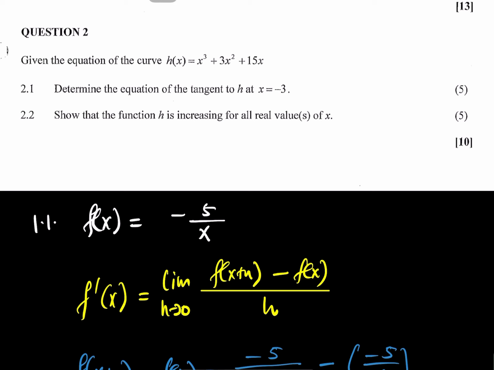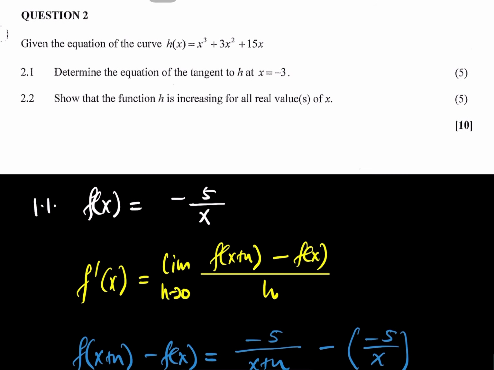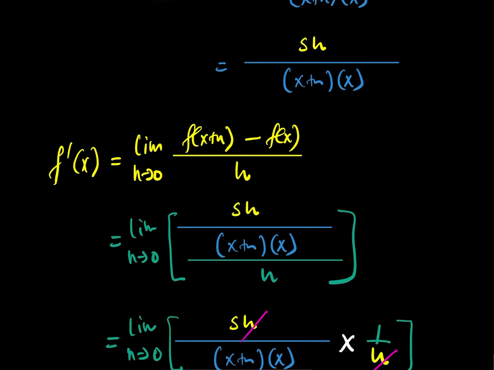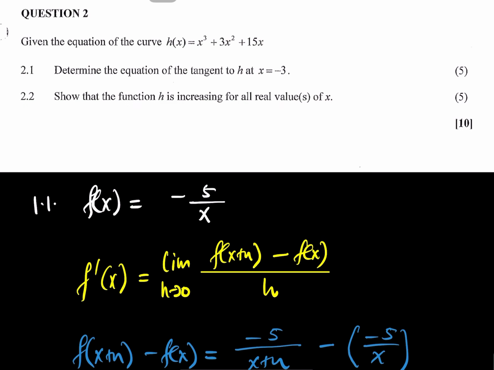Now, if you look at question 2, you are given the polynomial. Let me just copy this polynomial down. It's f at x is equal to x cubed plus 3x squared and then plus 15x.